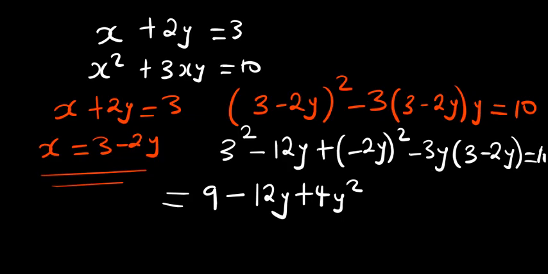Okay, basically that. Then I'm supposed to distribute this part. So negative 3y, that would be negative 9y. The negative 3y multiplied by negative 2y, I'm going to have a positive 6y squared. This will be equals to 10. Then if there's anything that I can cancel and solve, I just need to solve it.